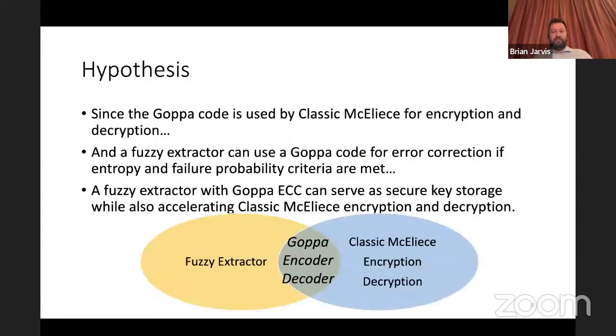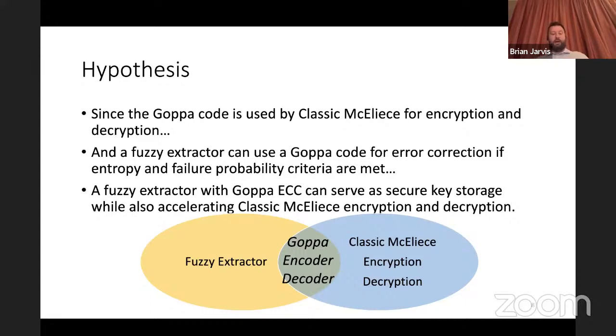So the hypothesis, based on a few observations, is that since classic McEliece is using the Goppa code for encryption and decryption, you can also use the Goppa code inside of a fuzzy extractor, because the definition of the fuzzy extractor uses a linear block code for error correction. As long as you meet certain entropy considerations and probability of failure considerations, you could use the Goppa code.